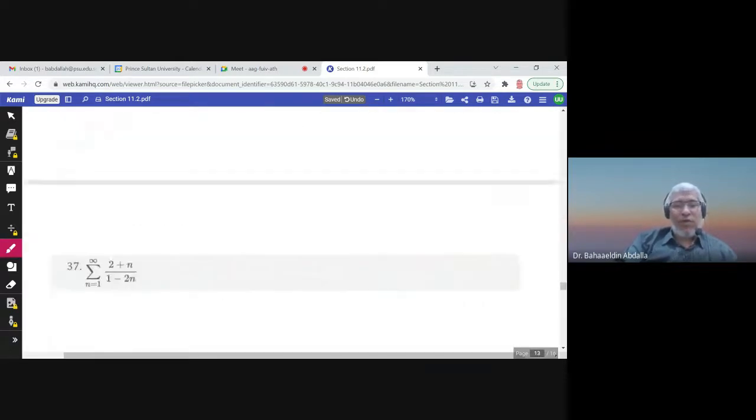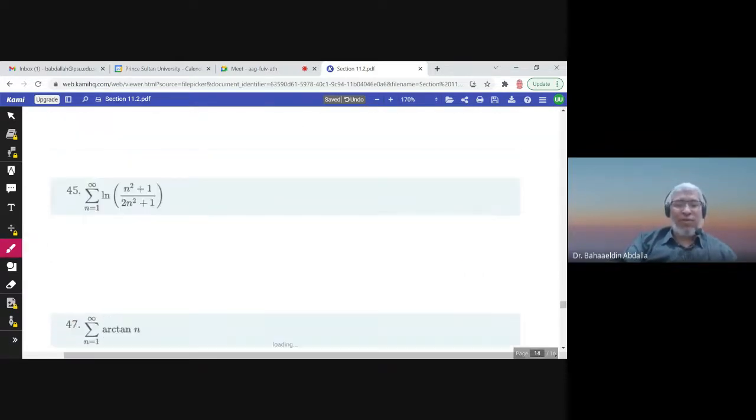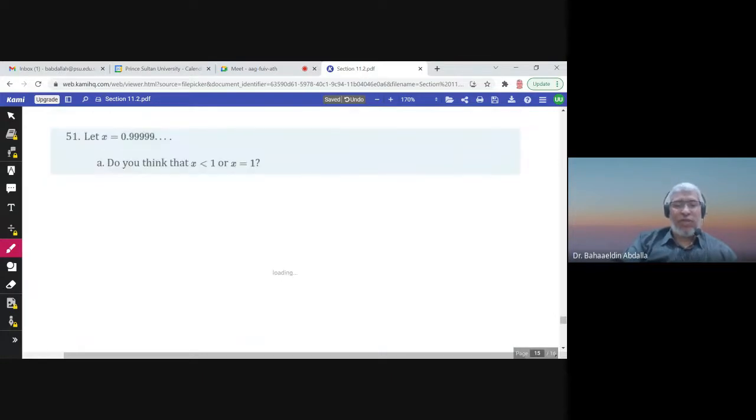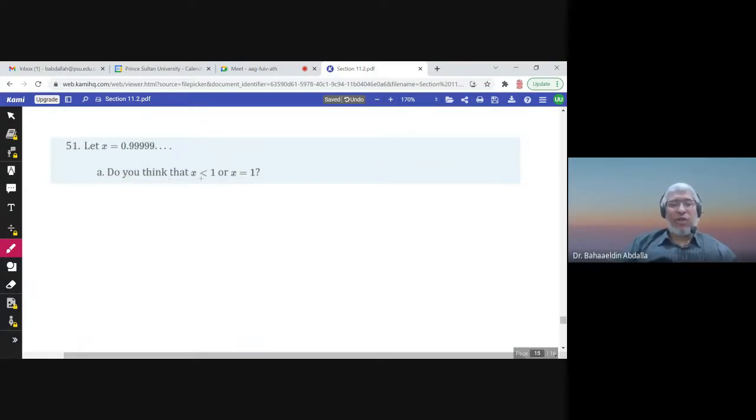I will solve some more examples or questions about geometric series. Here x is 0.999, and to find out whether it's less than 1 or equal to 1, we write it as an integer over integer. We do like what we did in the similar exercises. We write it 0.9 plus 0.09 plus 0.009 and so on as a geometric series.